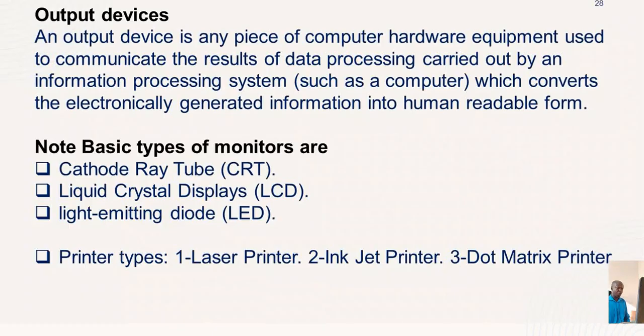Note basic types of monitors are cathode ray tube, liquid crystal display, light emitting diode, LED, and then we have printer types. We have 1 laser printer, 2 inkjet printer, and 3 dot matrix printer.